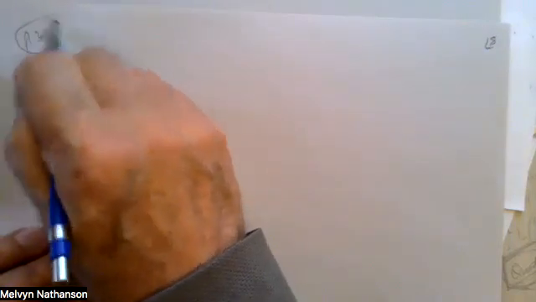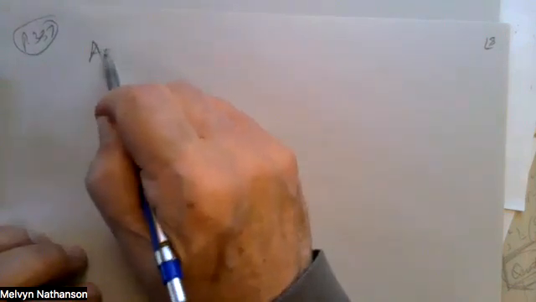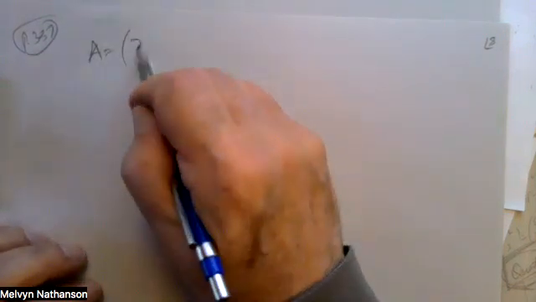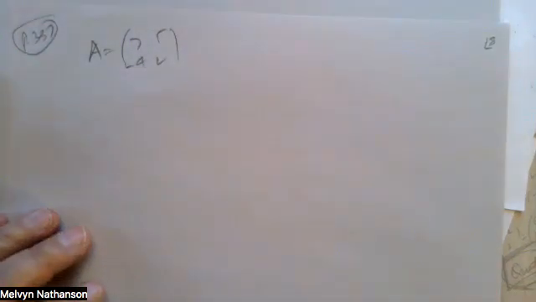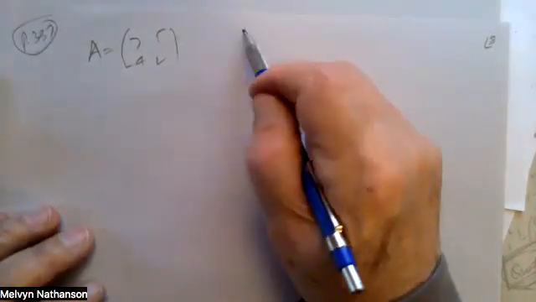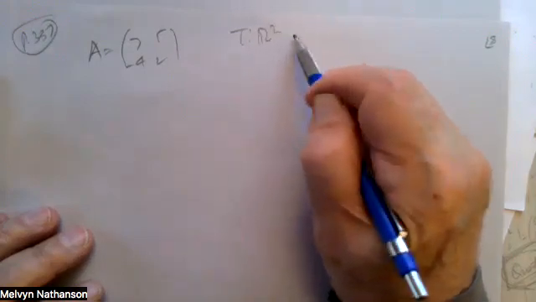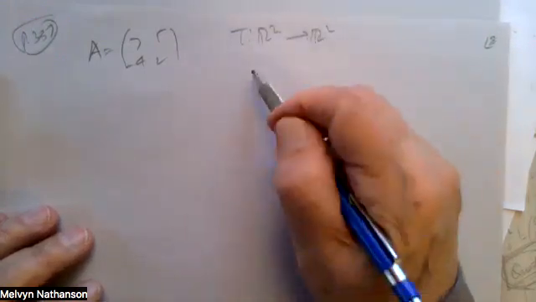So this is on page 337. I have the matrix A, which is 7, 5, minus 4, 2. So this defines a linear transformation from R2 to R2, right?